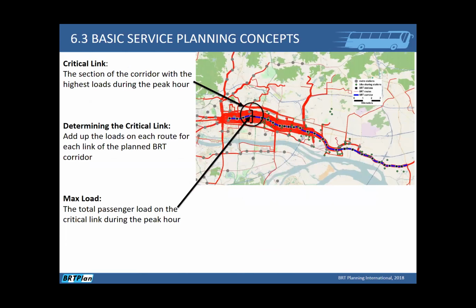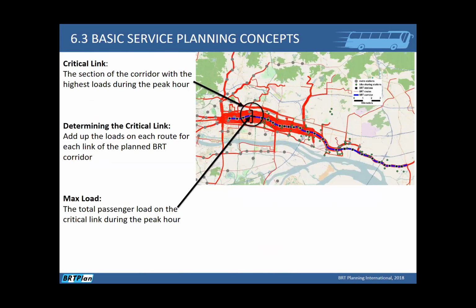The next thing you're going to need to do is figure out what is the critical link. The critical link is the part of your proposed BRT corridor that has the most current bus passengers passing through it. So on this diagram here, which you can generate using your boarding and alighting data for each route, each time you do a boarding and alighting survey, you can calculate how many people are on each bus.